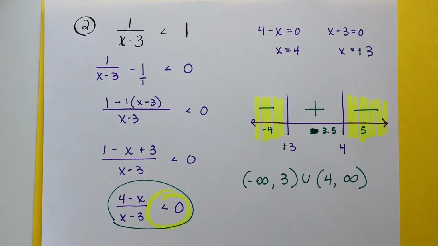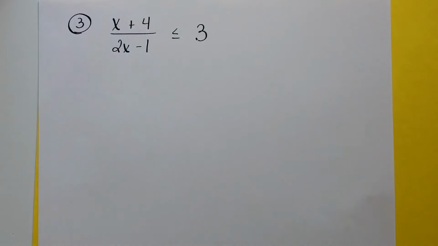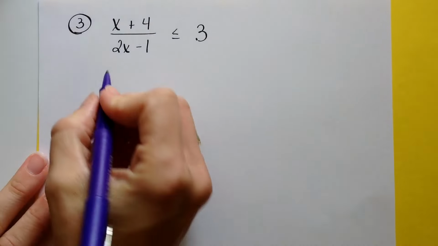Okay, one more rational expression. Mainly just doing this so you can see getting a common denominator one more time. Okay, so we do need to get 0 on one side.